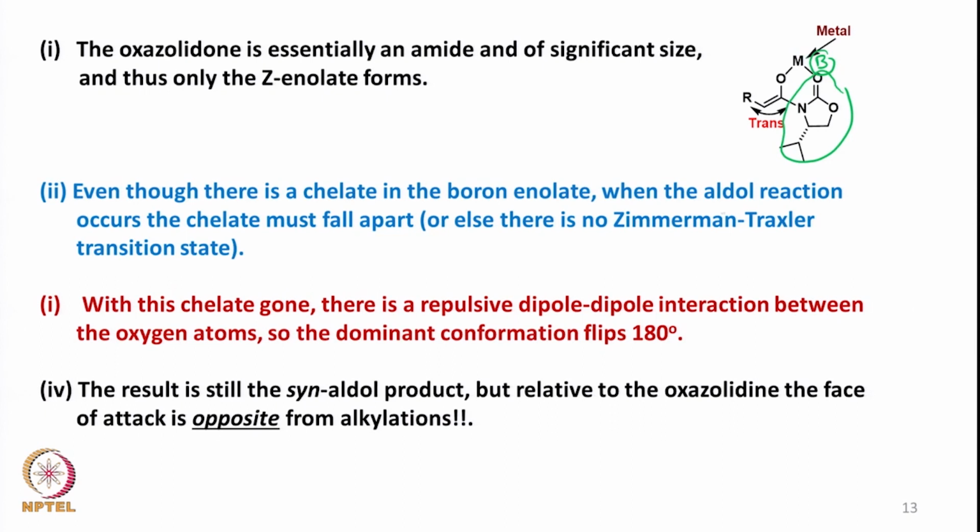The aldol reaction will occur when the chelate breaks, otherwise there will be no Zimmerman-Traxler transition state, something that we will discuss soon. With the chelate that we saw with the enolate and the auxiliary gone, there is a repulsive dipole-dipole interaction.